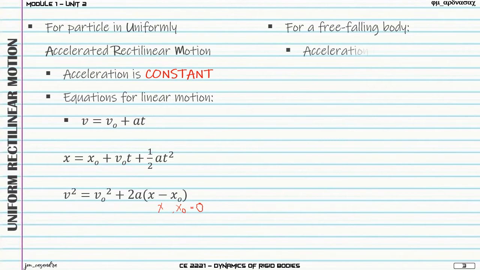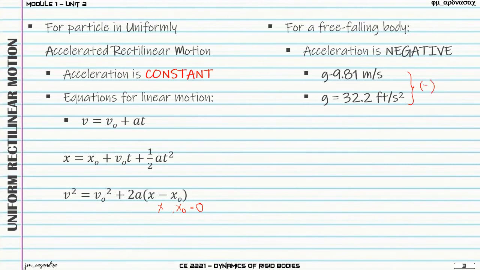Here, the acceleration is always negative since the object is moving downwards, and acceleration is a vector quantity. So for acceleration, we'll use the value of g, which is equal to 9.81 meters per second squared, and g in feet per second squared is 32.2. These two values should always be negative for your computations.